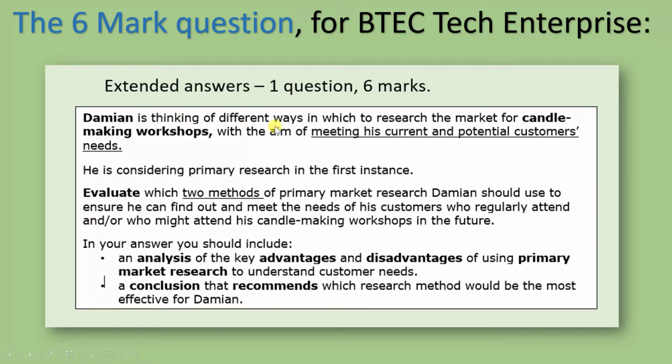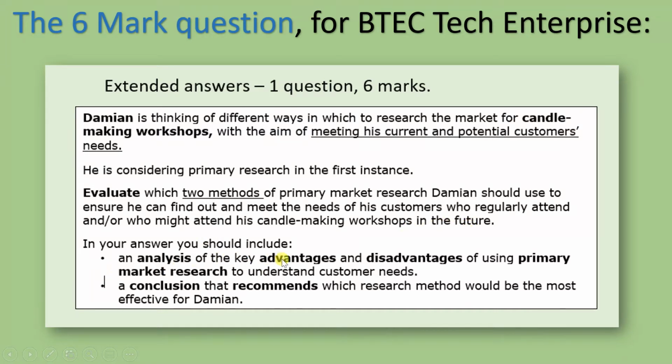Damien is thinking of different ways in which to research the market for candle making workshops, with the aim of meeting his current and potential customers' needs. He is considering primary research in the first instance. Evaluate which 2 methods of primary market research Damien should use to ensure he can find out and meet the needs of his customers who regularly and/or who might attend his candle making workshops in the future.